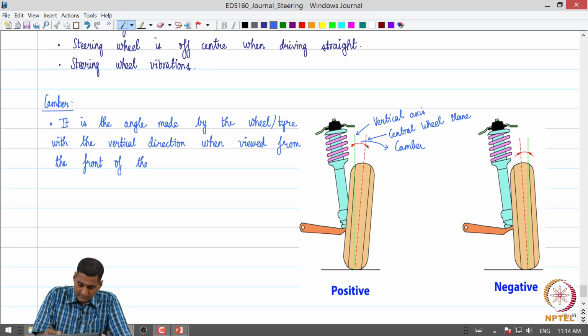Okay. So, that is what is called camber.